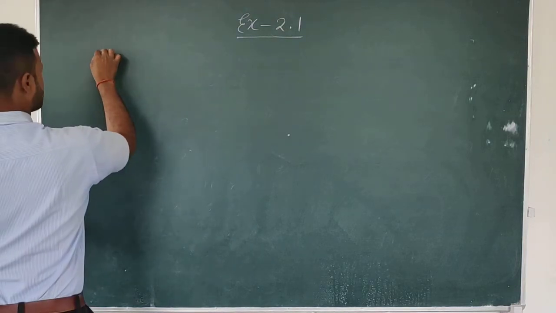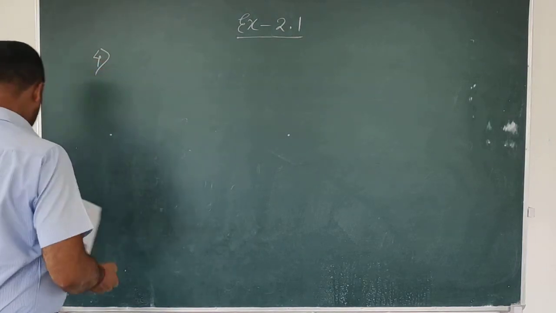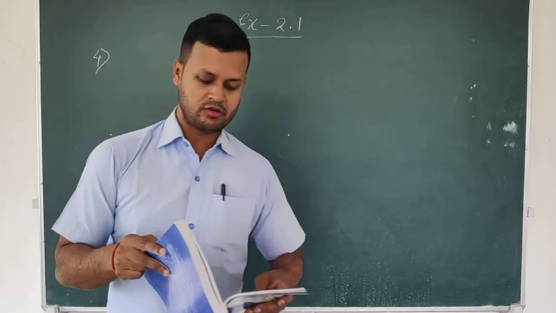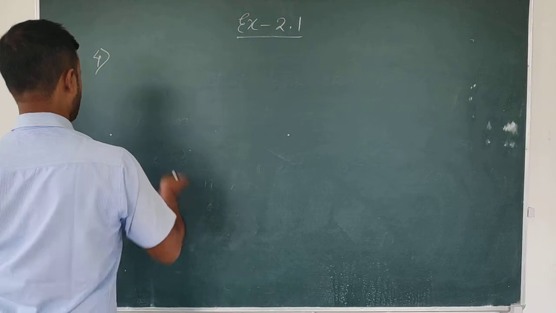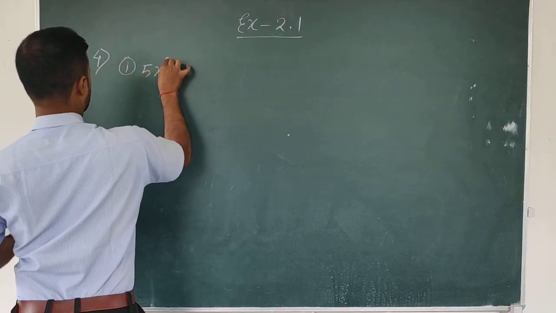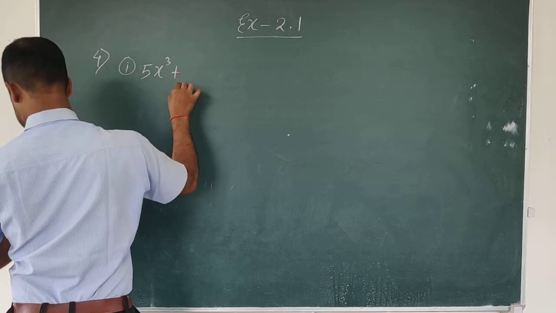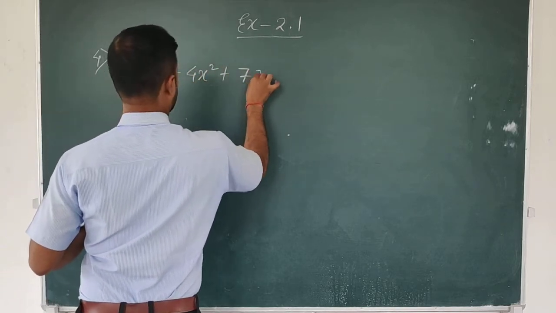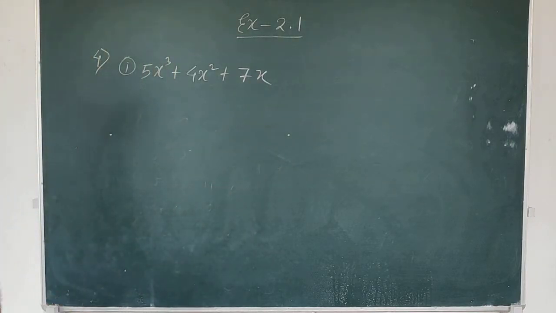Number 4, students. Write the degree of each of the following polynomials. Degree you need to find out. Number 1: 5x to the power 3 plus 4x square plus 7x. So what is the highest power of all the variables?